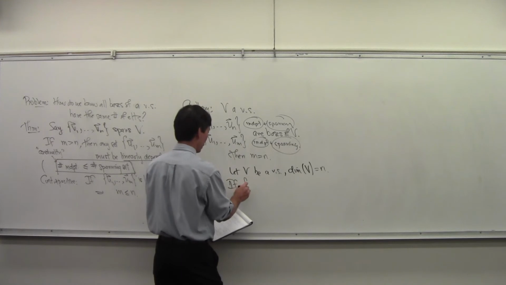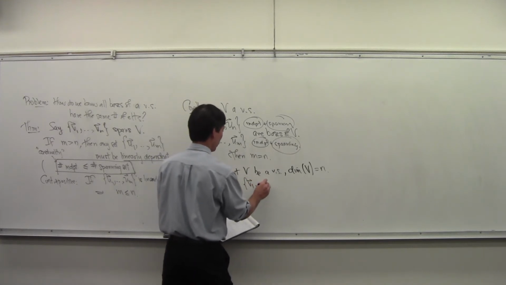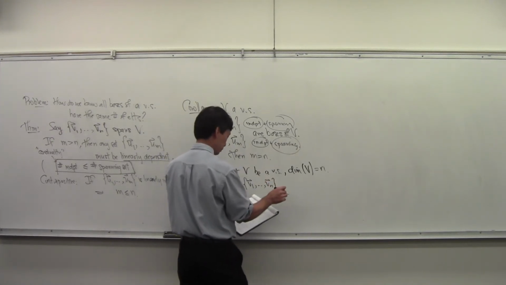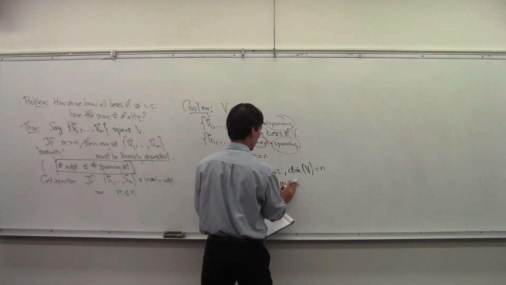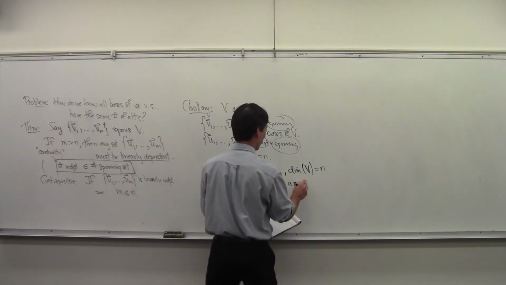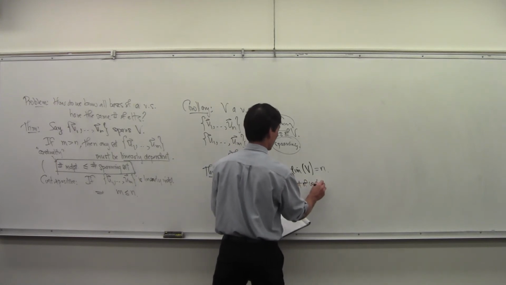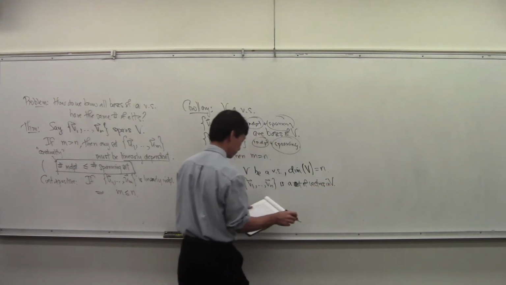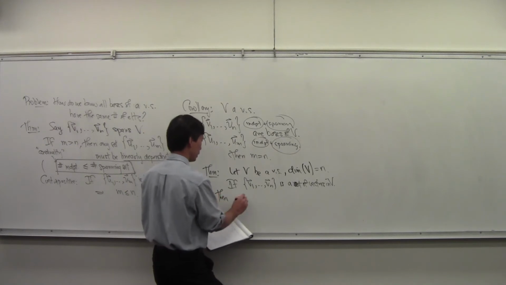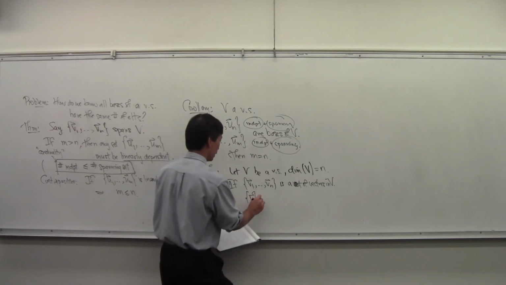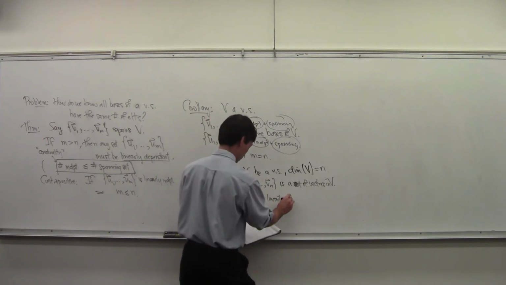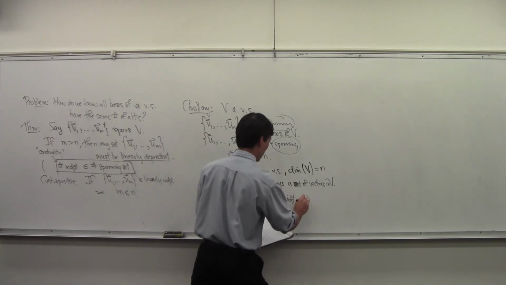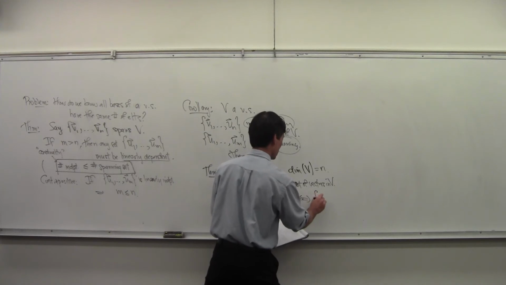If V1 through Vn is a set of vectors in V, then the set is linearly independent if and only if it's a spanning set.